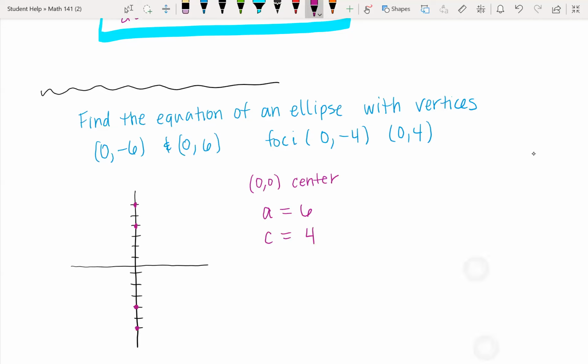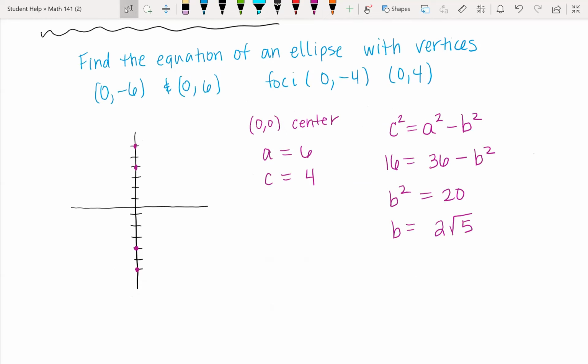So then we'll use this relationship to find B. So 16 equals 36 minus B squared. B squared is equal to 20. So B is equal to 2√5. All right.